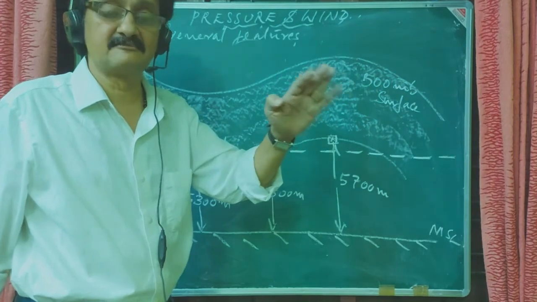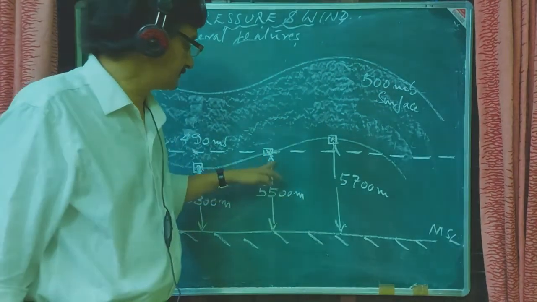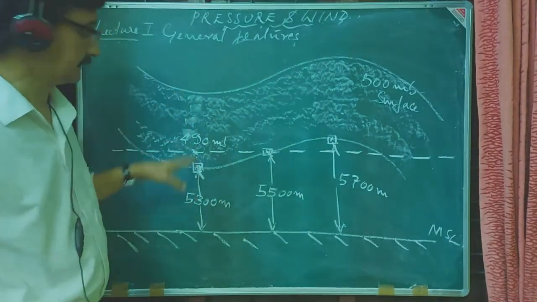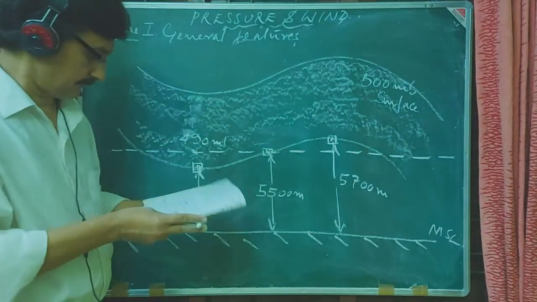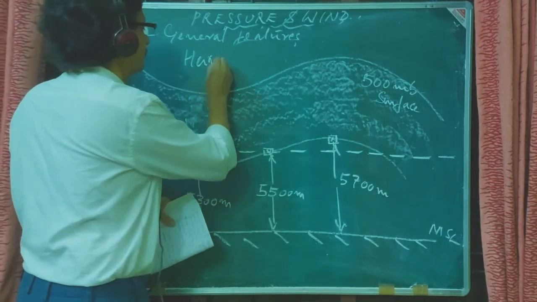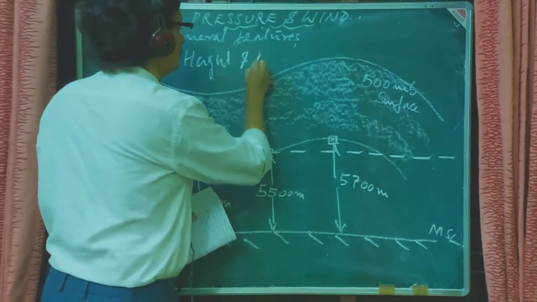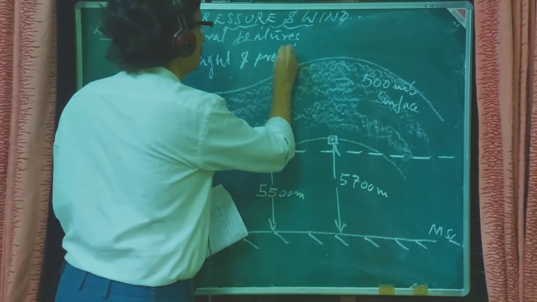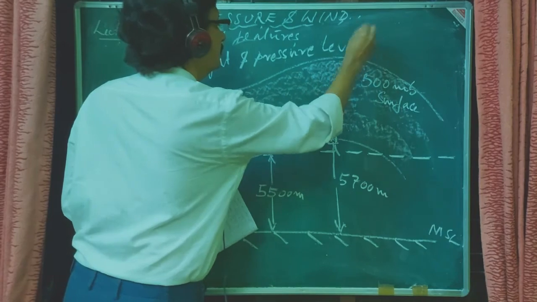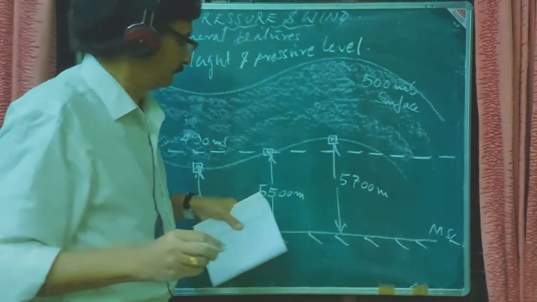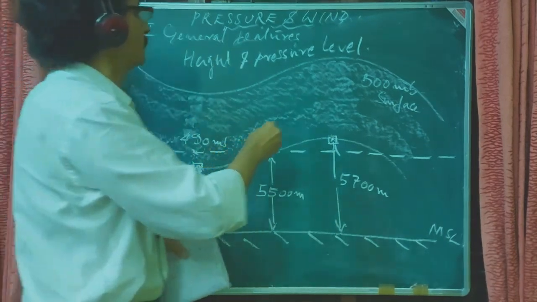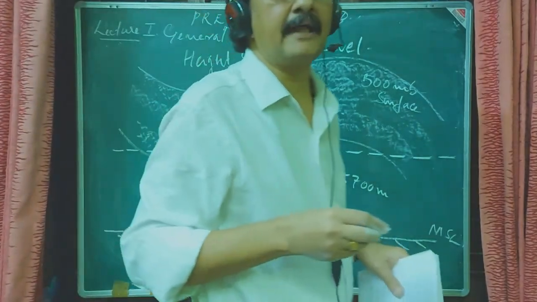For all these, the difference of height level will be different. So that is the feature of height and pressure level. With this I will conclude the general features on pressure and wind.